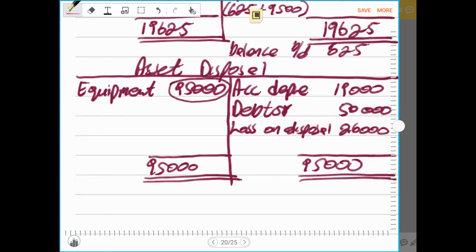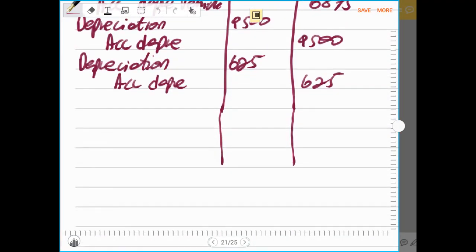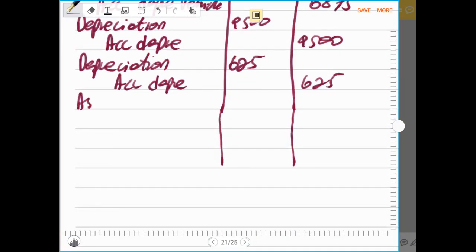So now I do the same thing in the ledger account. I credit equipment because our equipments are assets. So whenever we sell our assets, they are decreasing, and they are decreasing on the credit side because it's an asset decrease on the credit side. So now I debit my asset disposal by an amount of 95,000 rands as it appears in the ledger account.